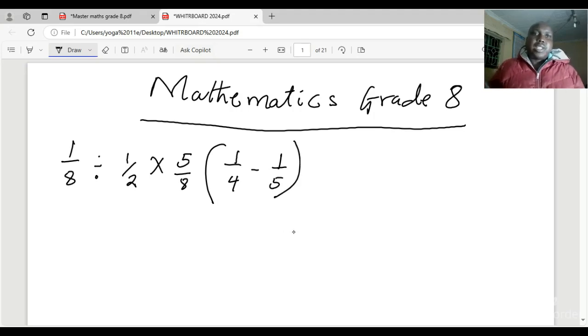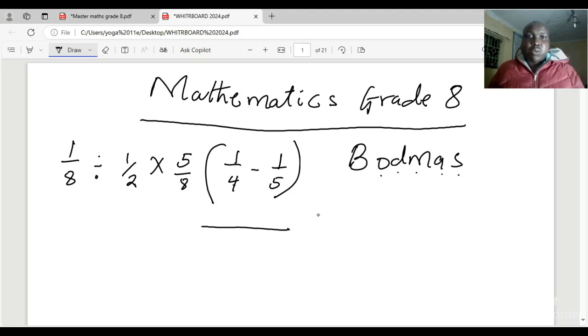So for you to get this one correct, you need to use the word BODMAS, where you need first to do the bracket. To deal with the bracket, you get the answer of division, multiplication, addition, and then subtraction. So let's start with the brackets. So here in the brackets, we get the LCM.